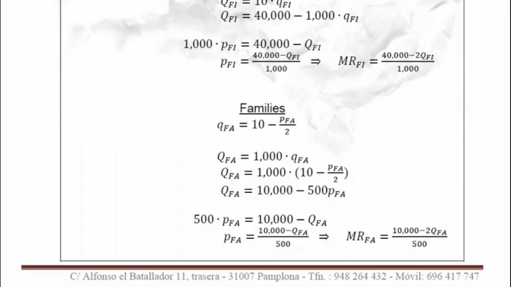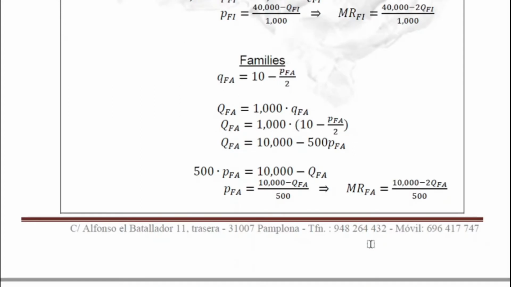So if we isolate p, 500p is equal to 10,000 minus q. So p is this at the end, and the marginal revenue, where the trick is, is (10,000 minus 2q) divided by 500.